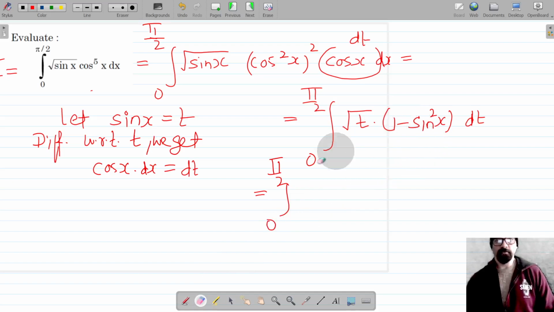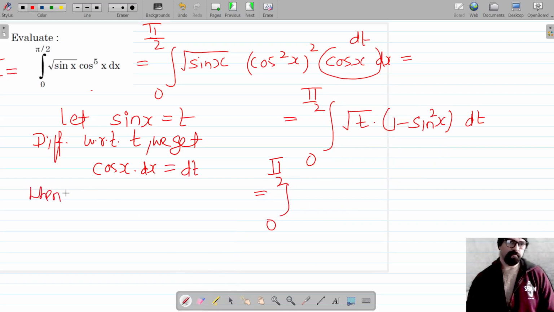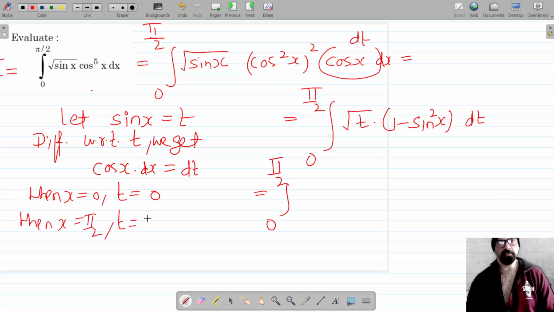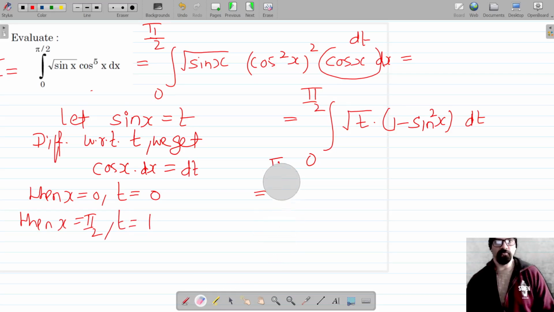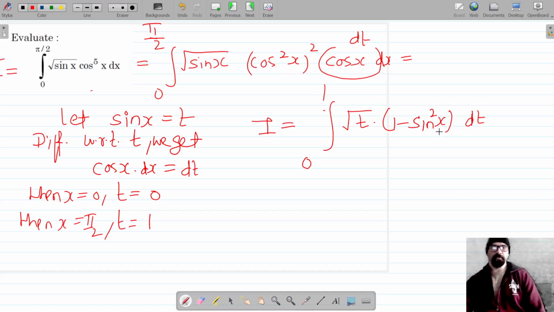So when x is equal to 0, t is equal to sine 0, which is 0. And when x is equal to pi by 2, sine 90 is 1. So the new limits are 0 to 1. Instead of cos square, it's 1 minus sine square x, the whole square.